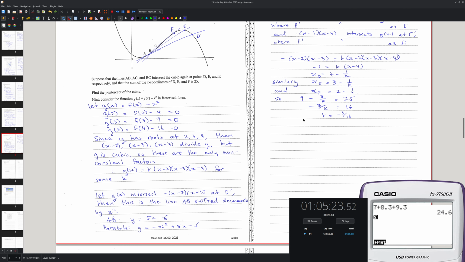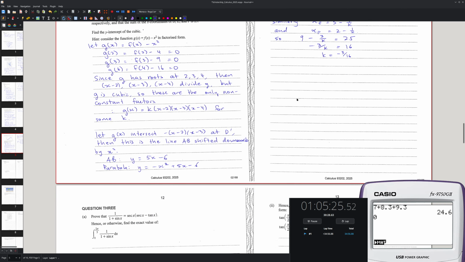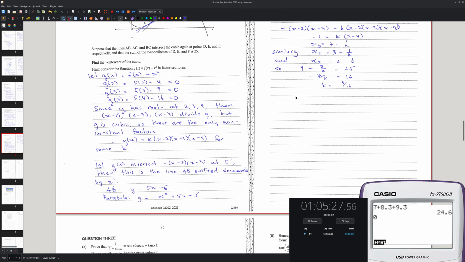Okay, so therefore, the y-intercept. So f of x is equal to negative 3 on 16, x minus 2, x minus 3, x minus 4, plus x squared.